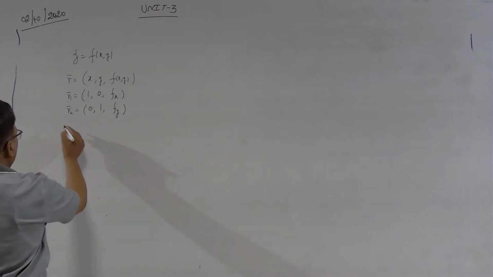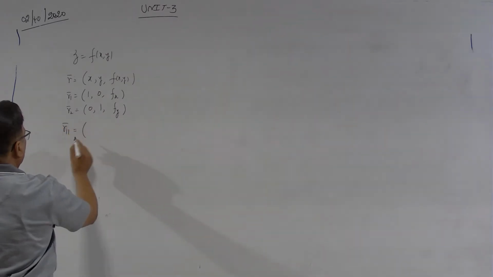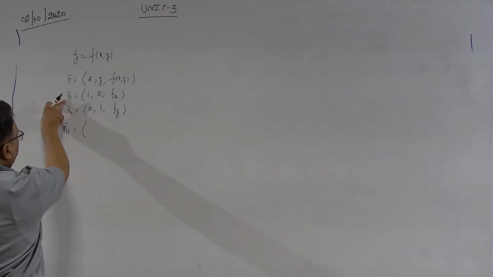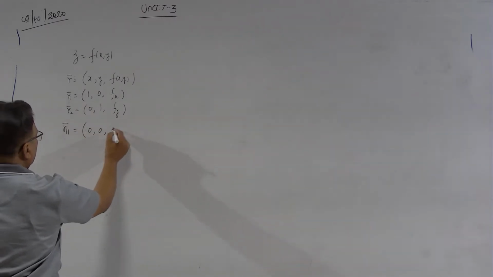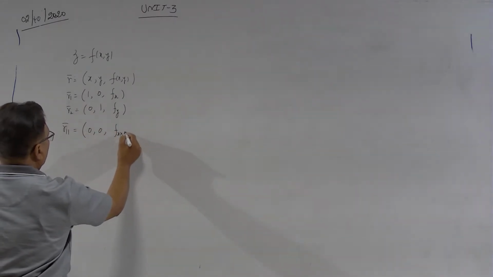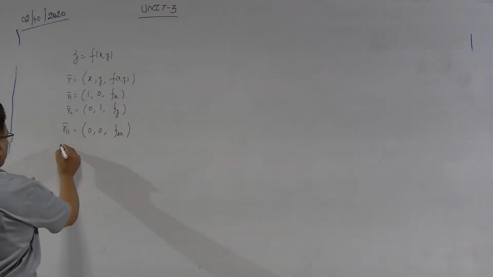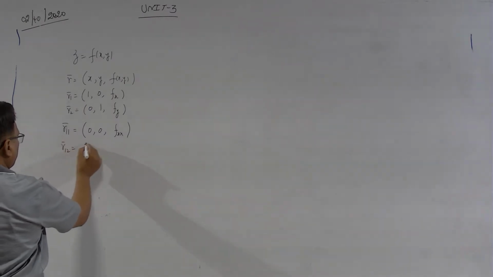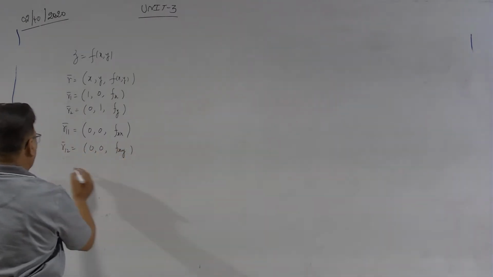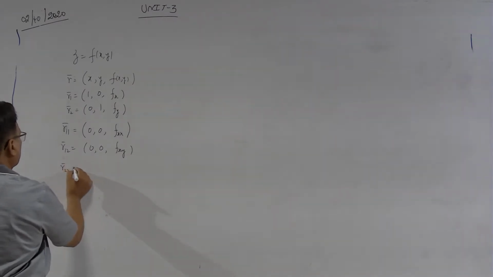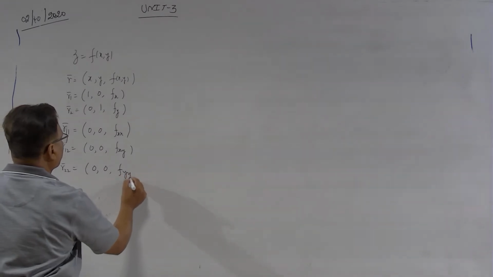Now, we have to compute r 1 1, this will be the derivative of r 1 with respect to x. So, this is (0, 0, f x x), the second order derivative of f with respect to x. Similarly, r 1 2 is (0, 0, f x y), r 2 2 is (0, 0, f y y).